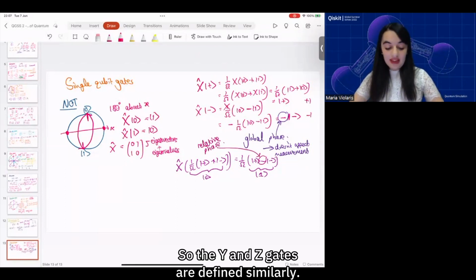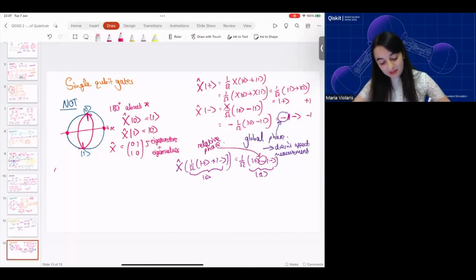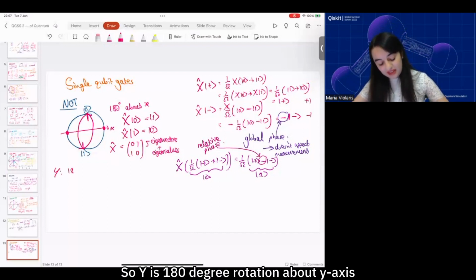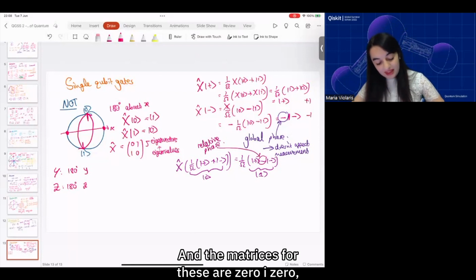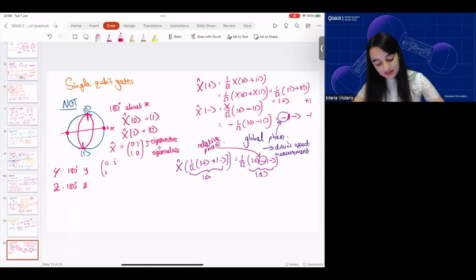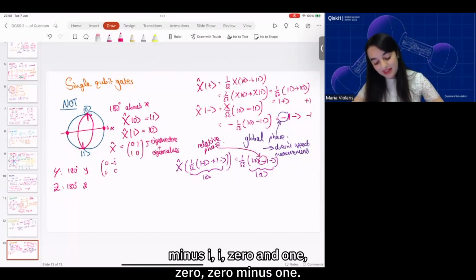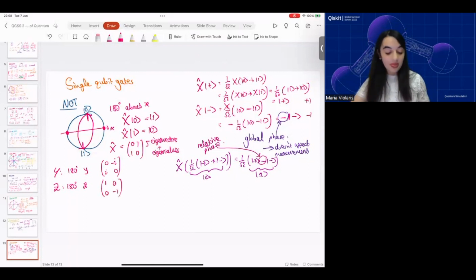Y is a 180-degree rotation about the Y axis, and Z is a 180-degree rotation about Z. And the matrices for these are 0, -i, i, 0, and 1, 0, 0, -1.